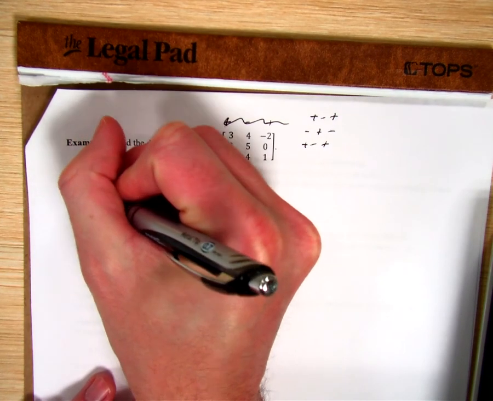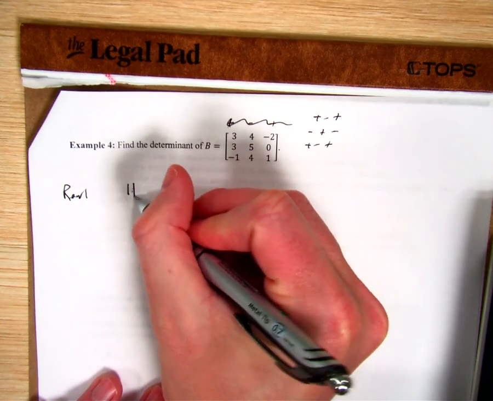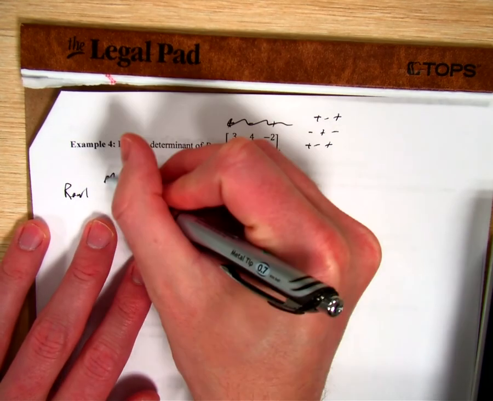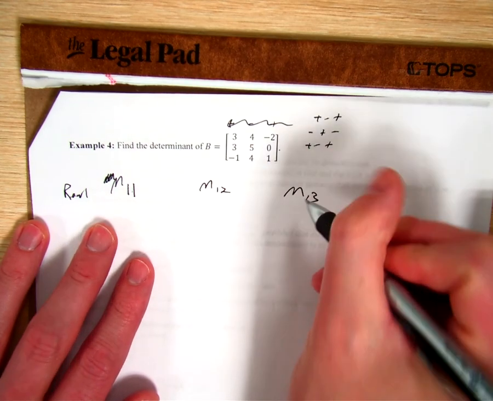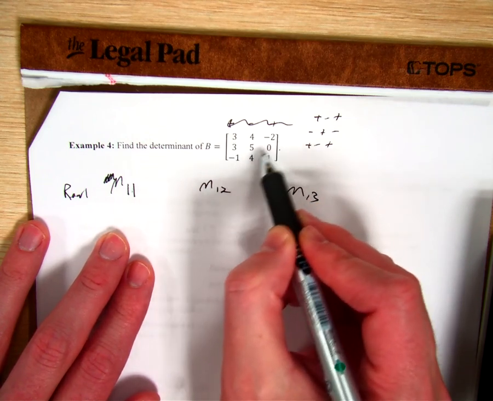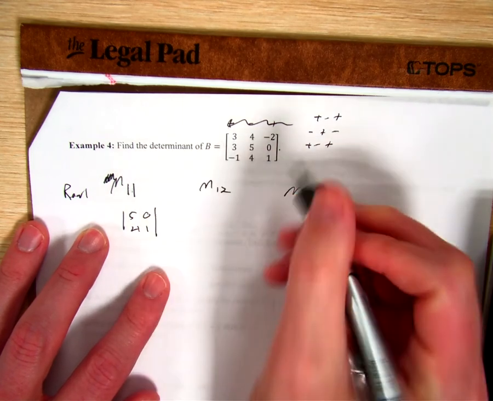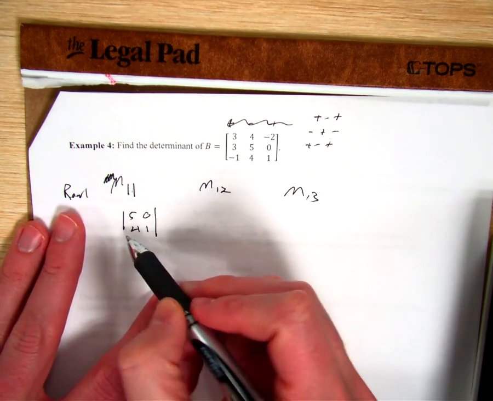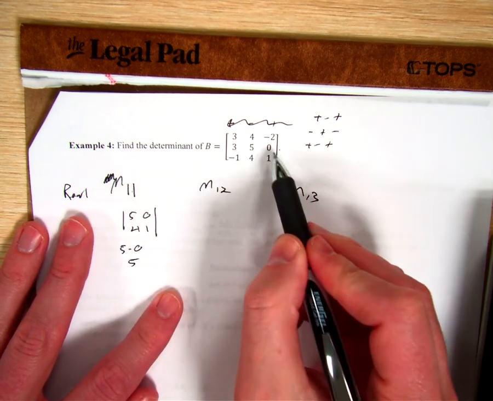Okay, so I need M11, M12, and M13. So 1, 1, we cross out row 1, column 1, we have 5, 0, 4, 1. That's 5 minus 0 for 5. Okay, for 12, row 1, column 2, we cross out that and that.